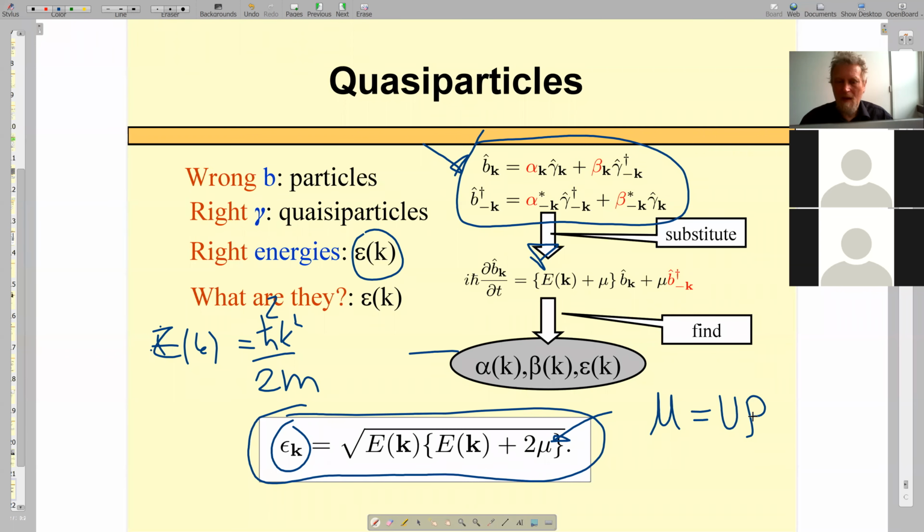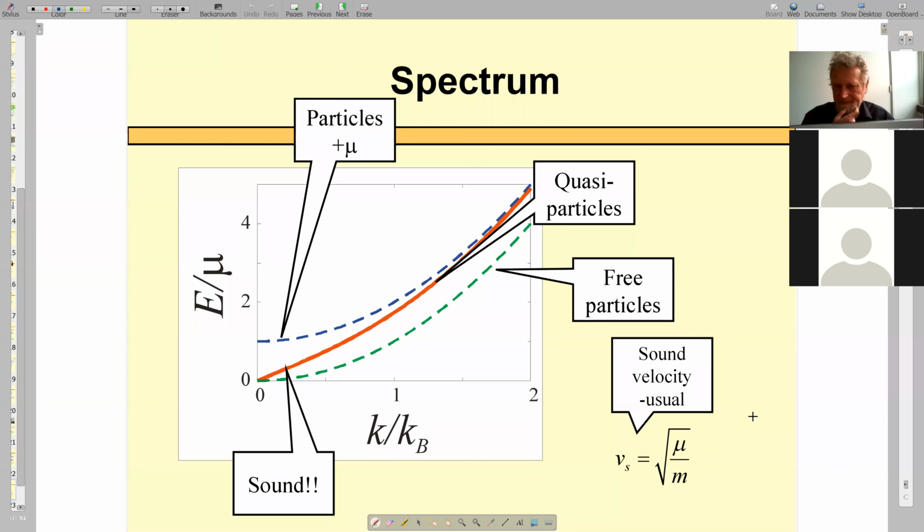Very good. Let's just plot it and see what happens. So with a red line, I plotted the resulting quasi-particle spectrum.